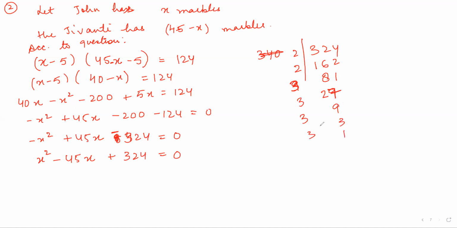So this is my prime factorization of 324. Now I want to get minus 45x, so I have to take combinations like that. 2 into 2, 4 into 3, 12 into 3.